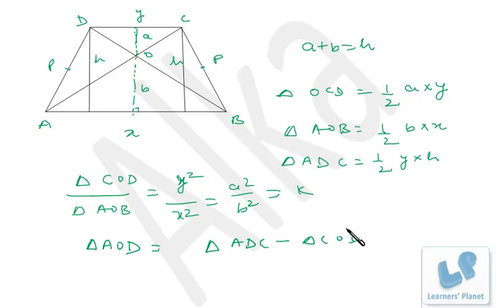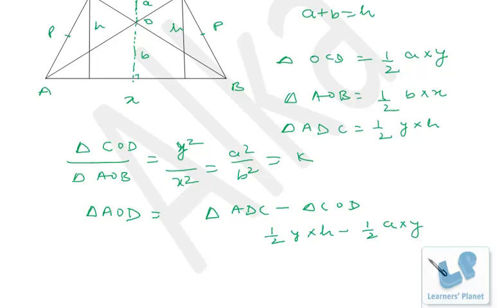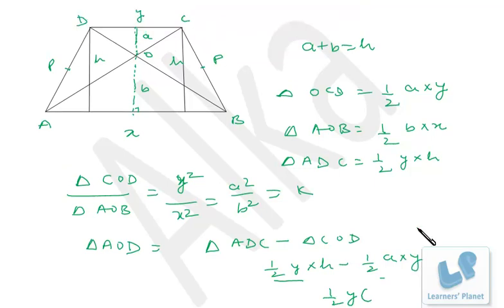ADC is half of Y into H, and COD is half of A into Y. If I take half Y as common, what I get is H minus A. Now what is H minus A?